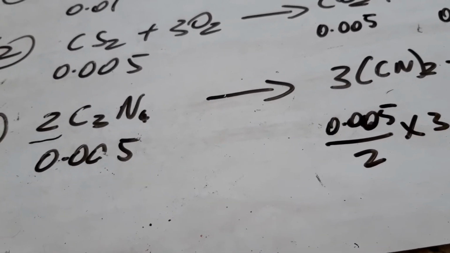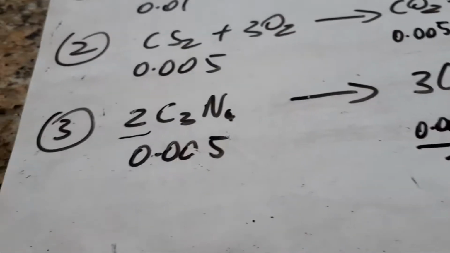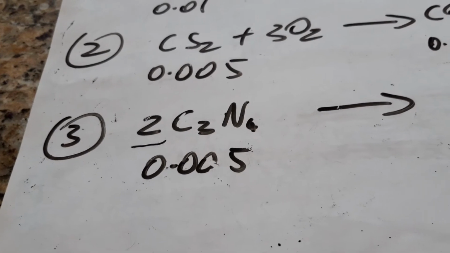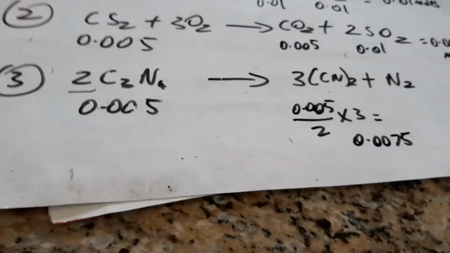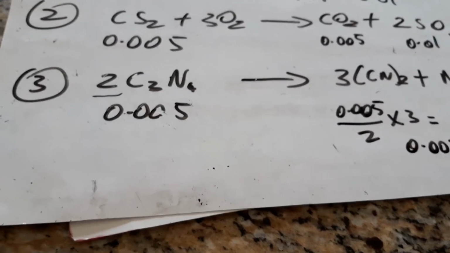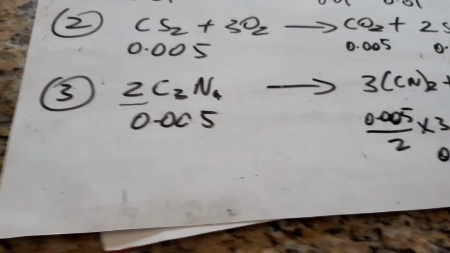And we're going to get 0.0075 moles of CN2 produced.